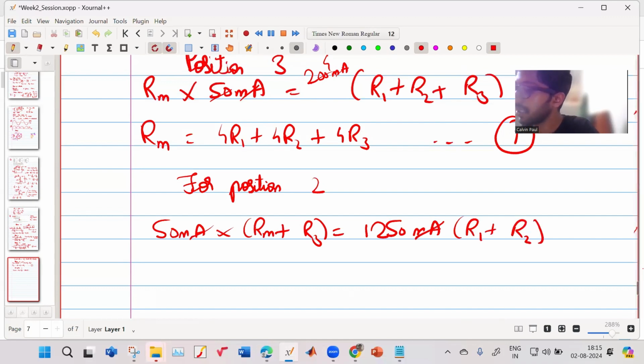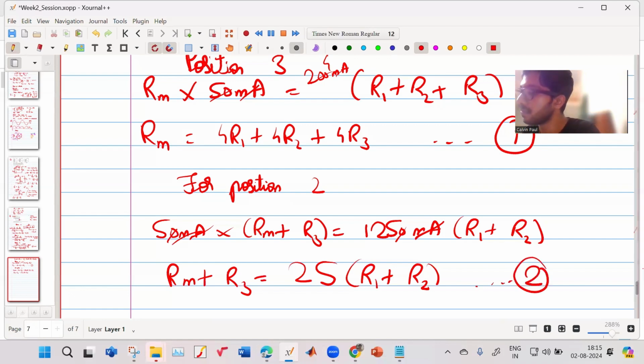The milliampere gets cut, 0 gets cut. 5 divided by 125, divided by 5, is how much? Is 25. So this is 25 into R1 plus R2.